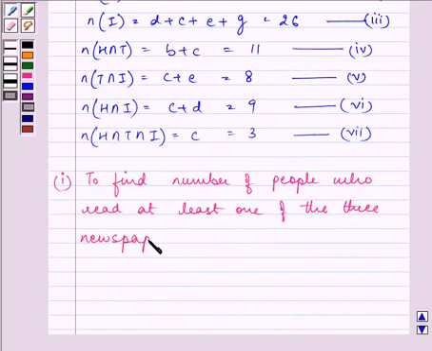That means we need to find the number of people in H union T union I basically.